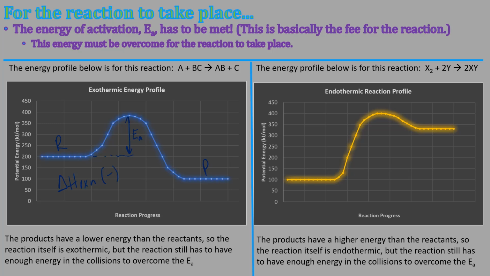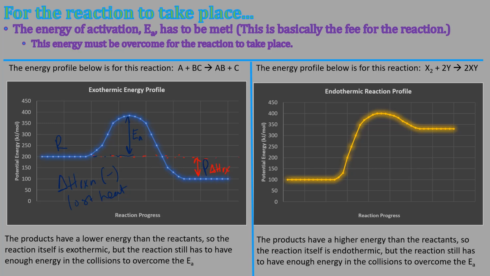We've lost heat. The heat of the reaction, the enthalpy of the reaction that's given off, is going to be right here, from where the reactants were to where the products end. And since it's losing heat, it will be negative.